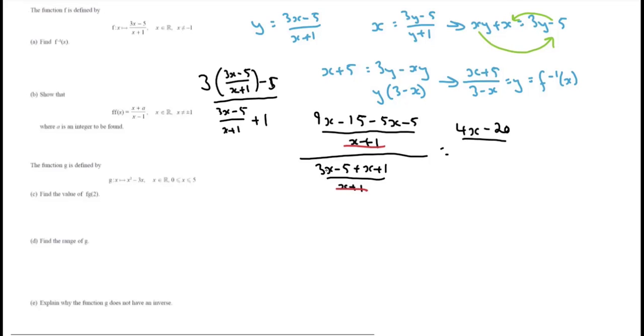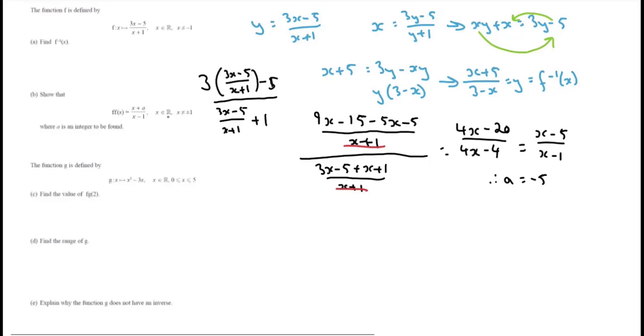Then on the bottom, 3x plus x is 4x, and minus 5 plus 1 is minus 4. This you can then cancel through by a factor of 4, leaving you with just x minus 5 over x minus 1. Therefore, we can say that a is going to equal minus 5.